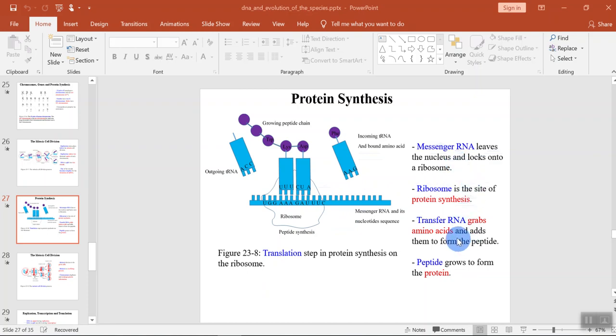And there's transfer RNA, which grabs amino acids and adds them to the peptide sequence. There you go. The peptide grows to form a protein.